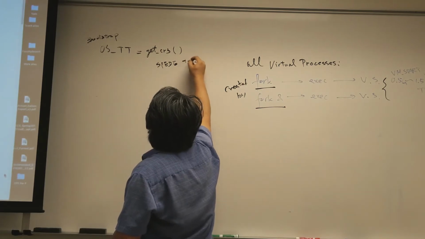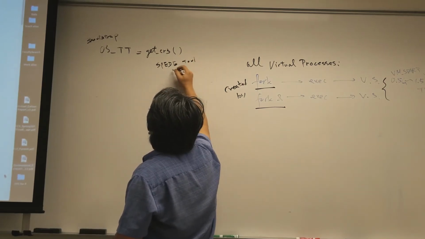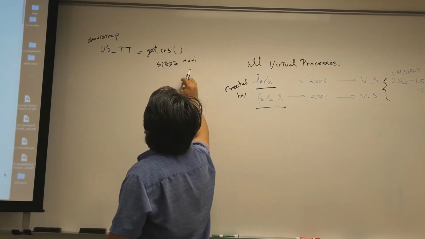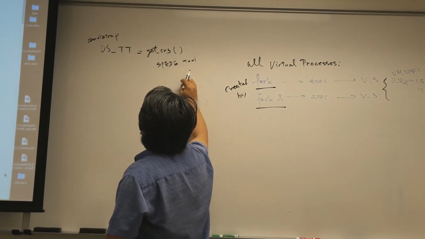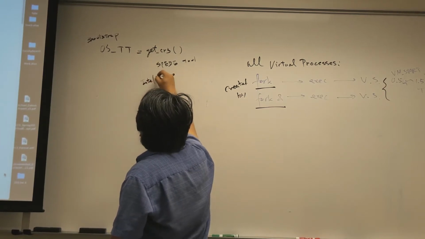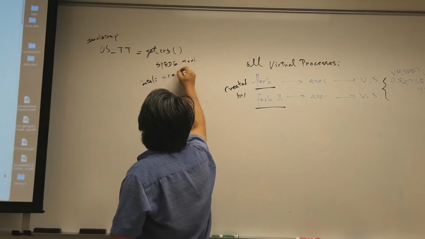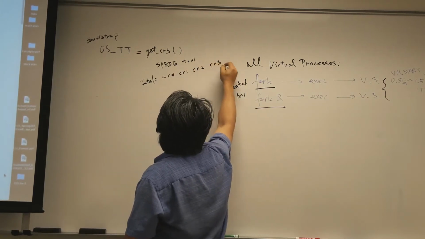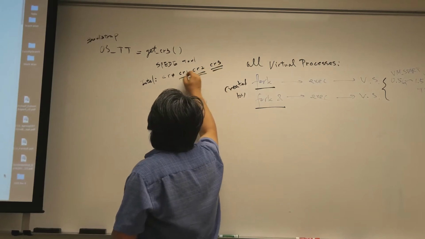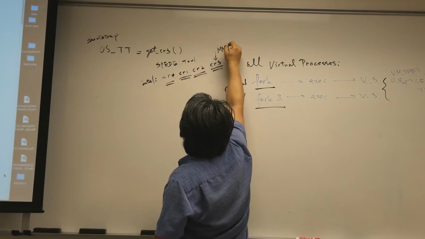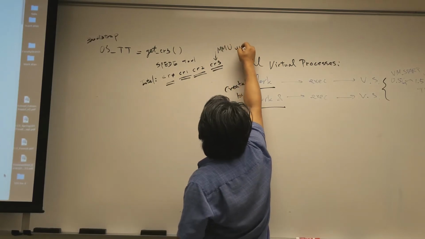And then CR3 is control register 3. Okay, CR3, control register 3. That's Intel. Intel has CR0, CR1, CR2, CR3. And this is the MMU translation table.